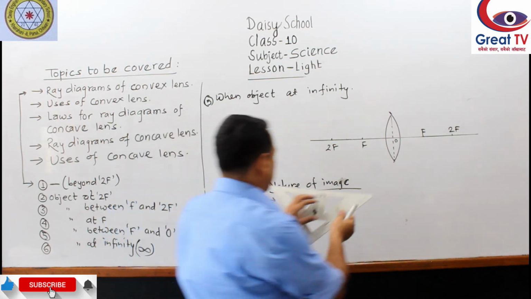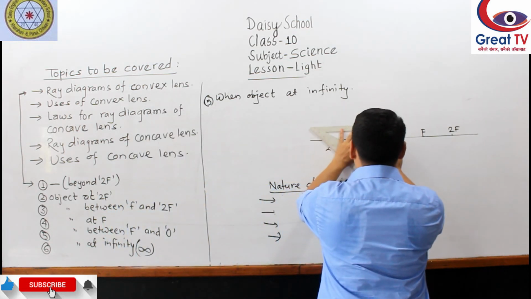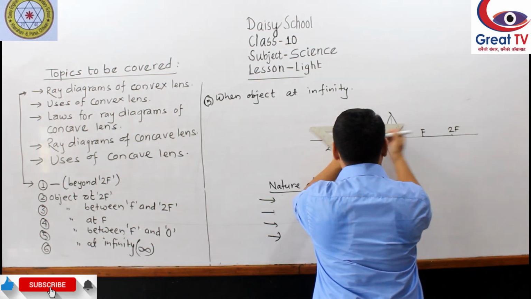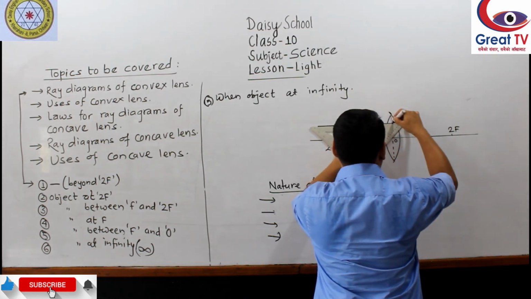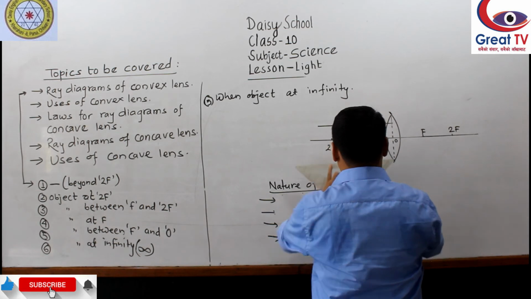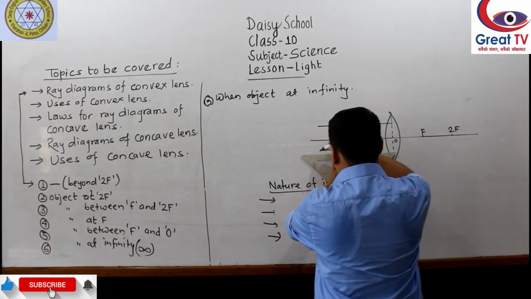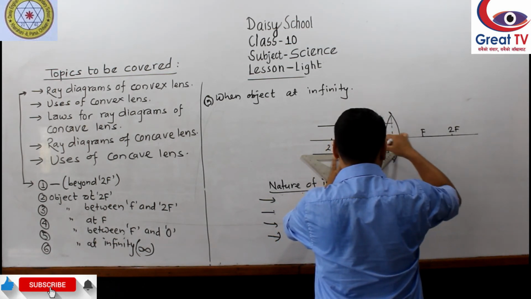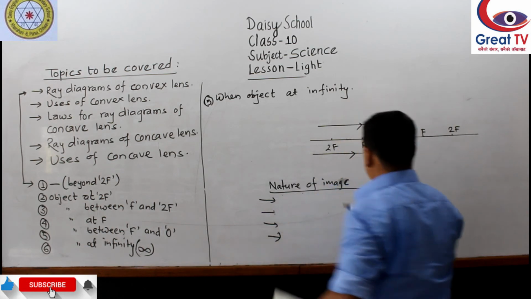That's why we say parallel light rays. This is one parallel light ray to the principal axis, and this is another parallel light ray.